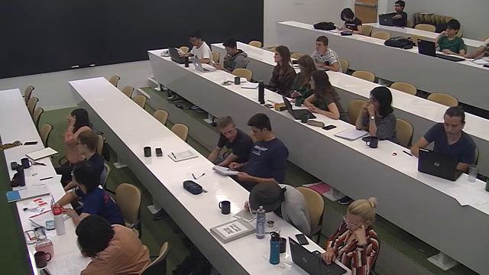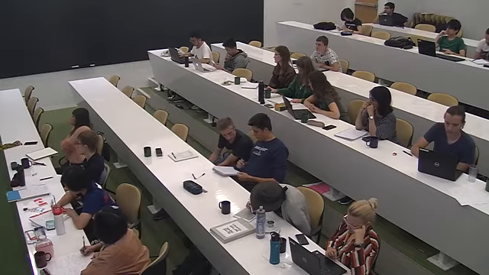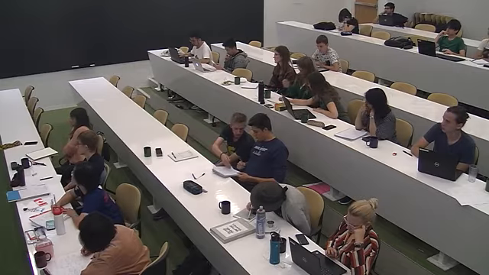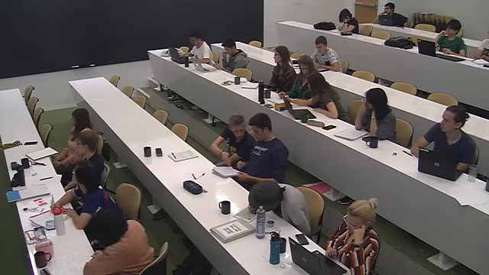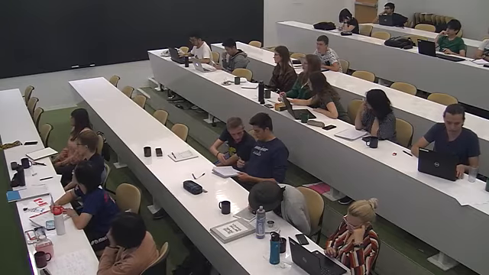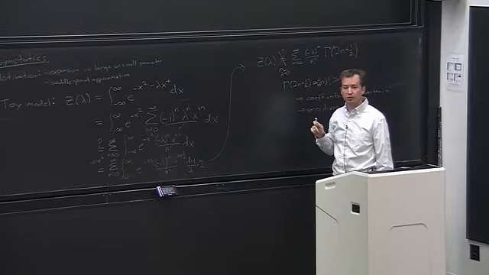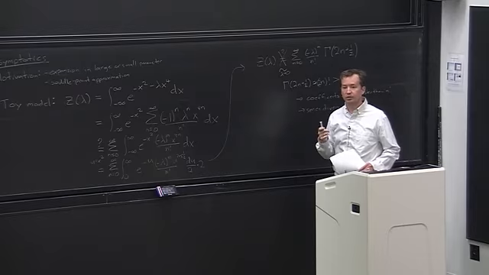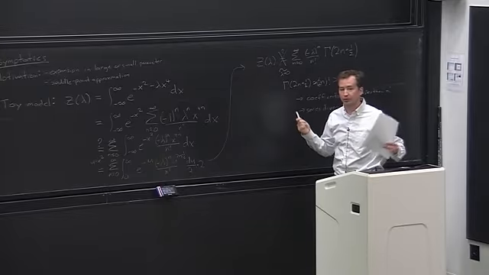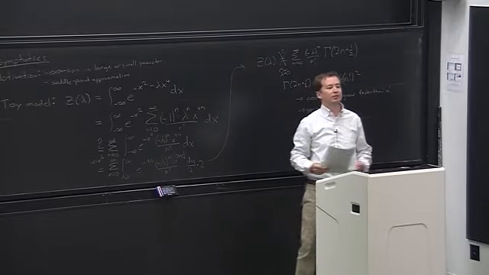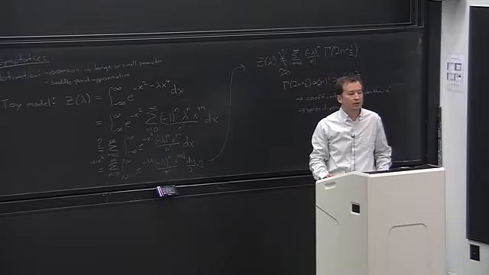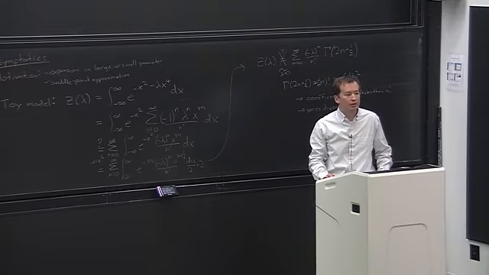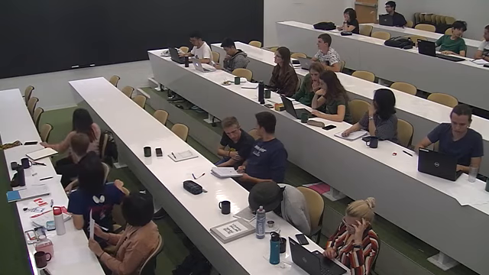I'm not saying that these two things are equal. I'll explain what asymptotic series means first, and then perhaps I can come back to your question, or if I don't address it, ask again or ask me after lecture. So are there various values of lambda for which the series converges?